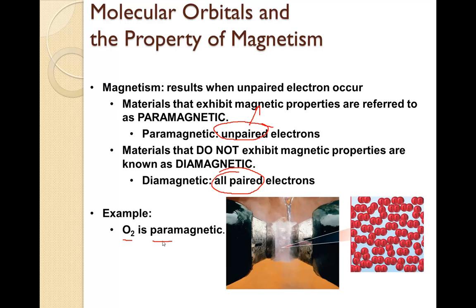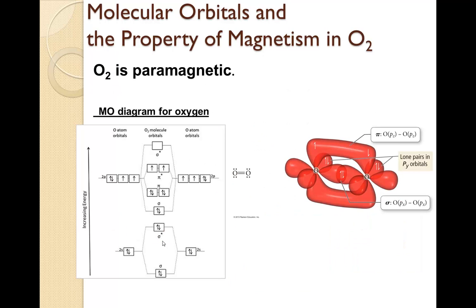So if we look at the molecular orbital of oxygen, we know that oxygen is 1s2, 2s2, 2p4. So here's 2s2, here's 2p, we have 1, 2, 3, 4 electrons in there. We have the same on this side. So 2 sigma star, because we have 4 total.